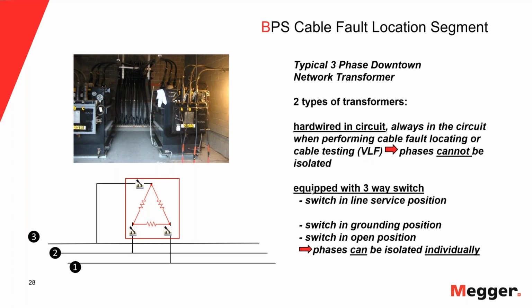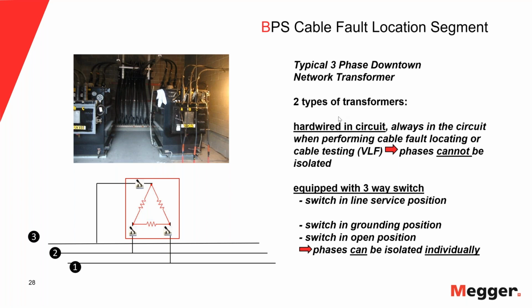And there are other systems, other transformers where you have three-way switches in them. And I try to indicate this here. You have 1, 2, 3 phase. You have here the delta transformer, and you have here the switches. And the switch has 3 positions.